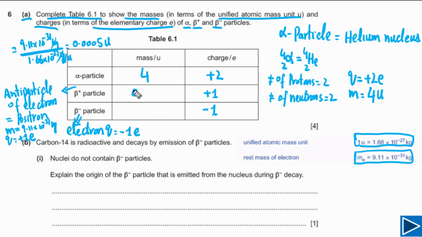So the mass of beta plus particle is simply 0.005. Mass of beta minus particle is also the same because they're particle and antiparticle. And that's all we need to write down. If you write down all these right, you will get 4 marks. So this question has 4 marks.